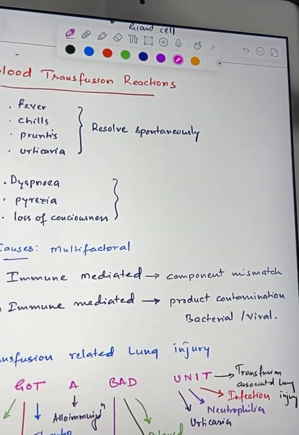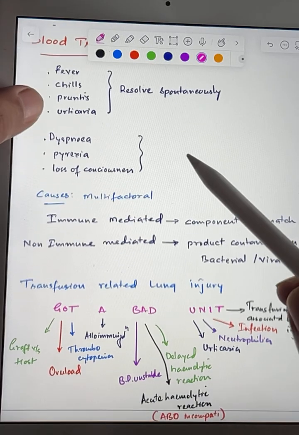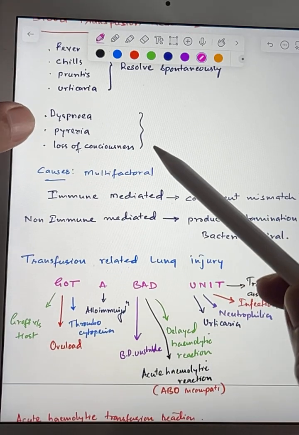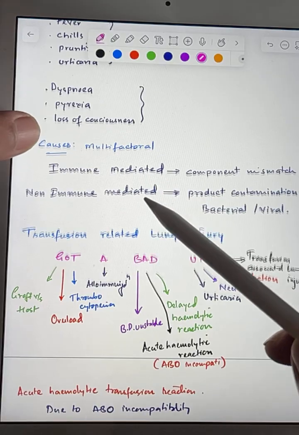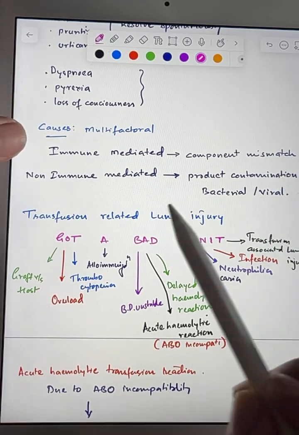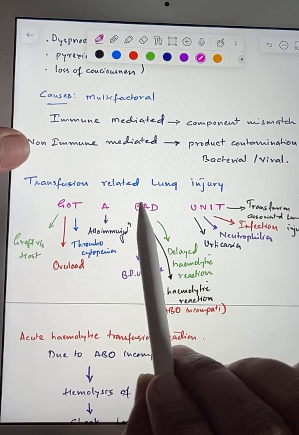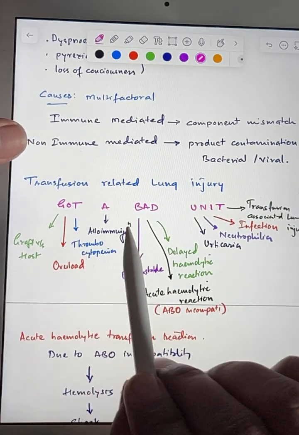So if you see this blood transfusion reaction, fever, chills, pruritus, these respond spontaneously. Dyspnea, pyrexia, these are the serious reactions. Causes are multifactorial: immune-mediated component mismatch, non-immune mediated product contamination. Mnemonic: transfusion-related lung injury, got a bad unit.